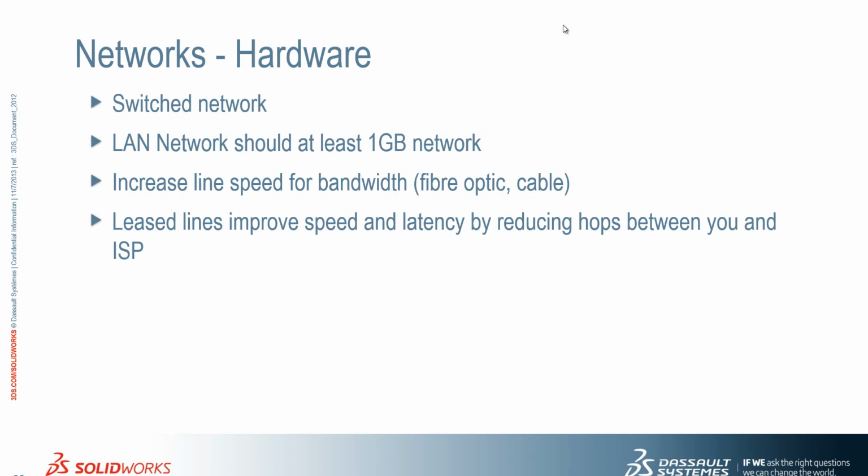So having a good internet connection helps us, helps you. You can also get leased lines these days, which in turn reduces latency. Again, it's all cost related, but the general rule, especially when you're on a LAN, is try and keep it to 1 gigabit or above.